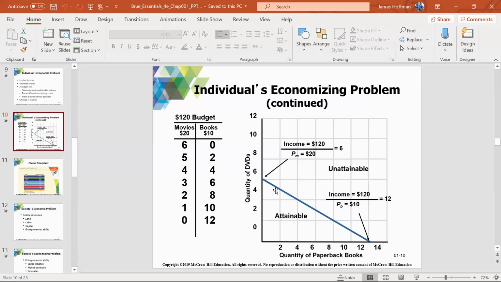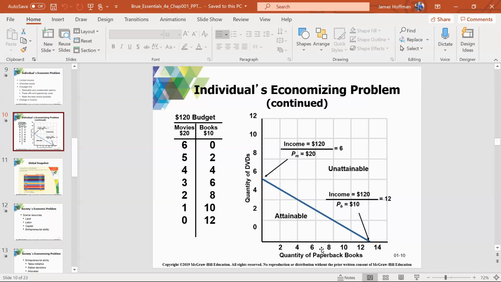So this axis is DVDs, and this axis is books, and every point on this blue line represents the points where you use all of your budget and consume different combinations of the two goods. So the idea here is that if there's no changes, to consume more books, you have to give up some DVDs.